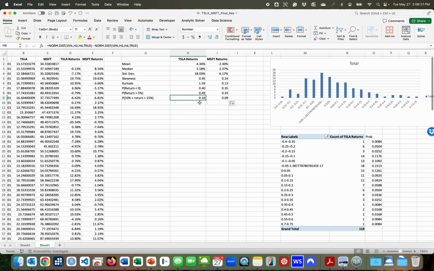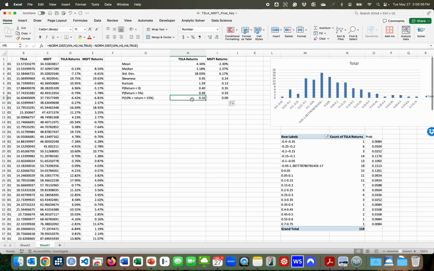And if we come down here for Tesla and we look between 0.1 and 0.15, in our sample we observe returns between 10 and 15% about 9.24% of the time. This says we should observe it about 10% of the time. So notice the numbers are different, and that's because these returns are not truly normally distributed. We're just making an assumption.